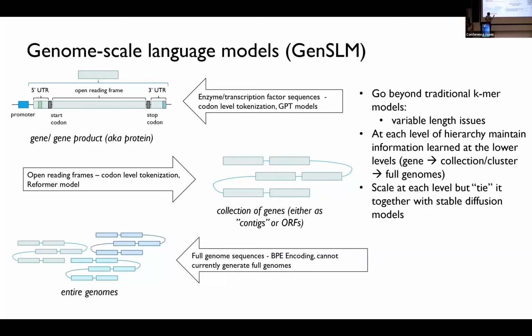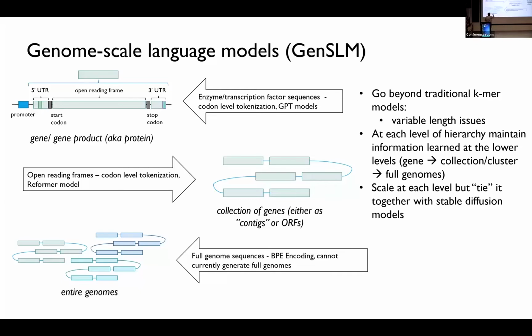And at each level of this hierarchy, we also want to maintain the information from the previous token set, so we don't lose out information. So when I move to the level of the enzyme or a particular protein gene sequence, I'm looking at the codon level tokenization, which lets me capture this information. And this is the place where I can use something called generalized pre-trained transformer models, GPT models.